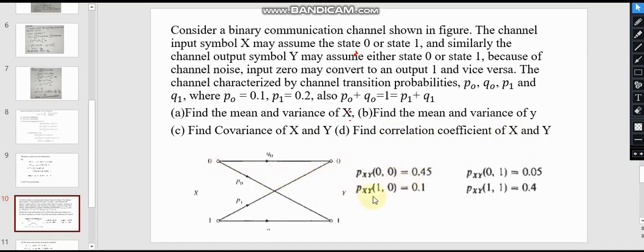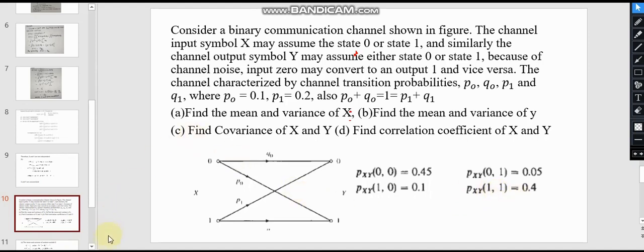The joint probability of x equal to 1 and y equal to 0 is 0.1. The joint probability of x equal to 0 and y equal to 1 is 0.05, and the joint probability of x equal to 1 and y equal to 1 is 0.4.